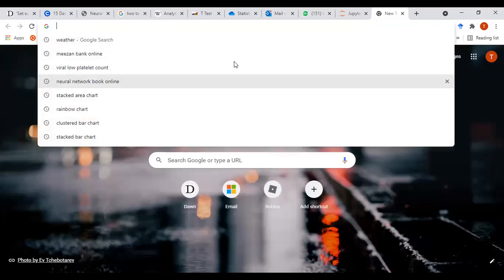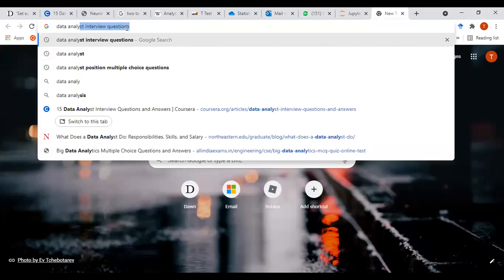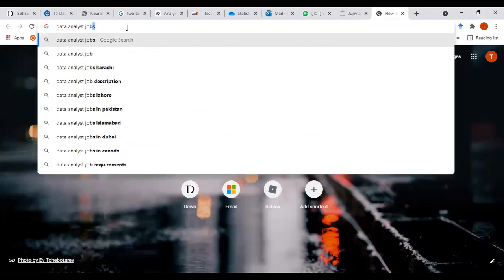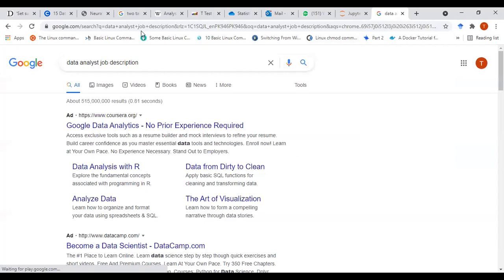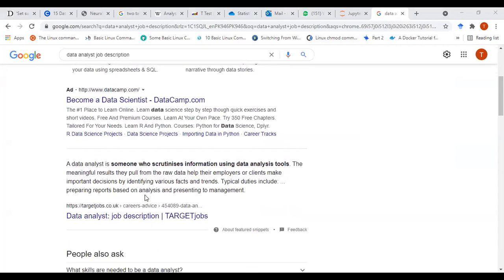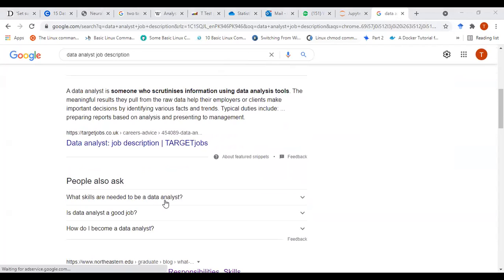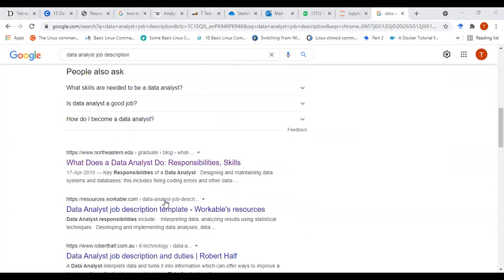So let's see the data analyst job description. What does a data analyst do? Responsibilities, skills.